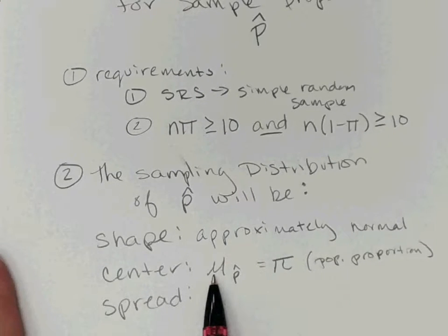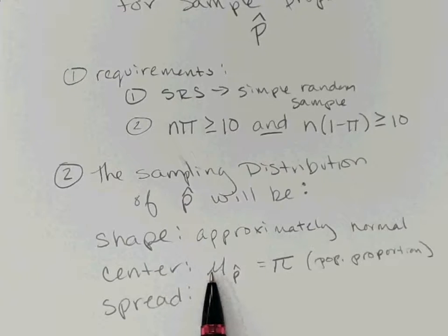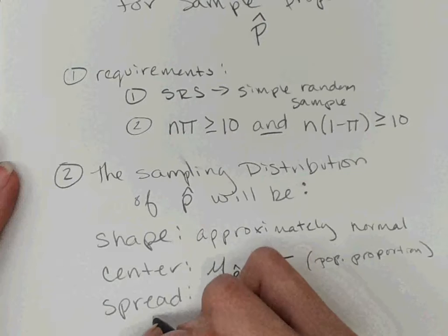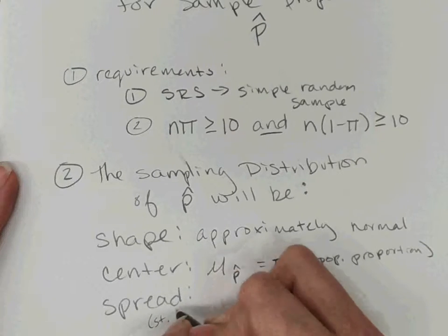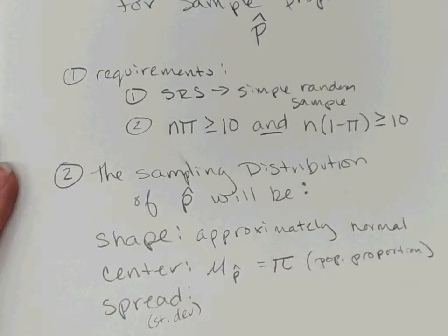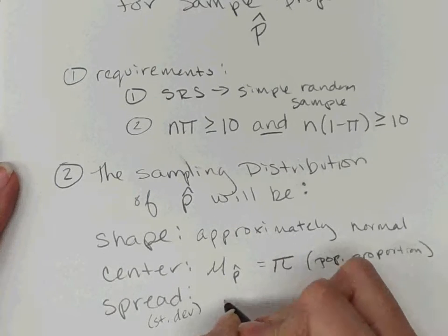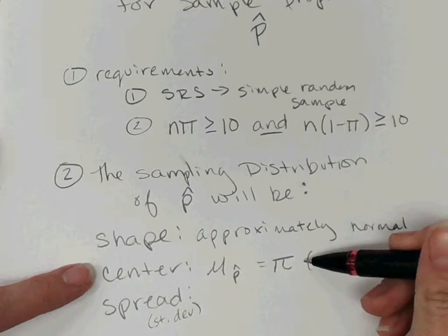Now this symbol right here, once again, that table in the beginning will tell you that this is mu, which is a population mean. So that just means that the population mean of all of my p-hats, which is going to be the center of my distribution, is going to be equal to that population proportion. The next piece is the spread. And remember, spread, we are going to be using standard deviation to talk about spread. And these ones so far have been really straightforward, really quick and easy.